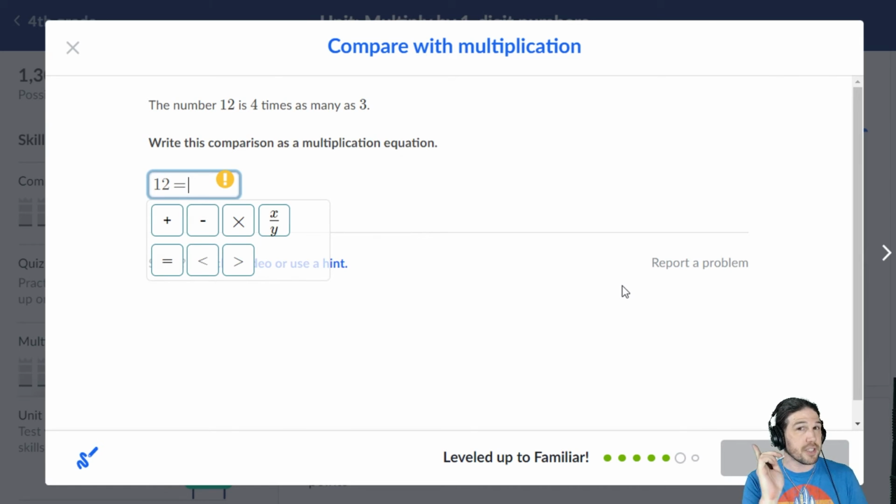And if students understand this, they're going to have a much easier time in middle school and high school when we start doing much more complicated versions of exactly this. 12 means equals, 4 times, no, not x, 4 times as many as 3. It's literally just taking the sentence in English and rewriting the sentence using math notation instead. It's a translation.